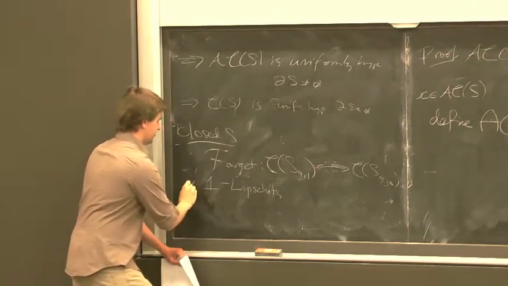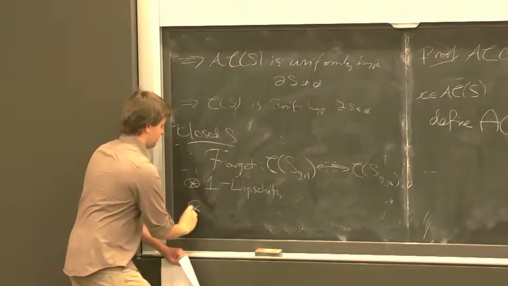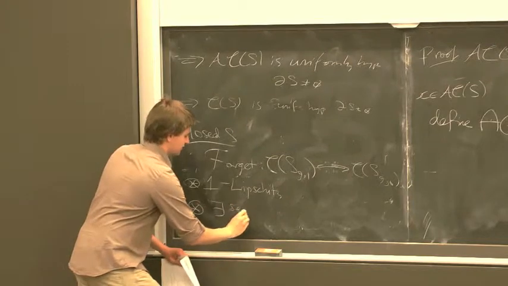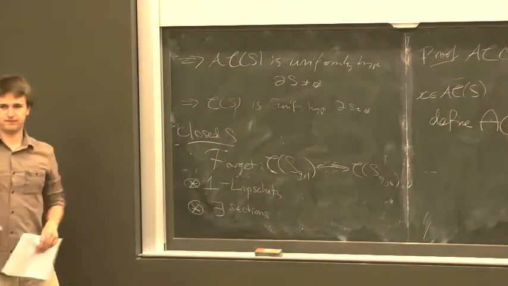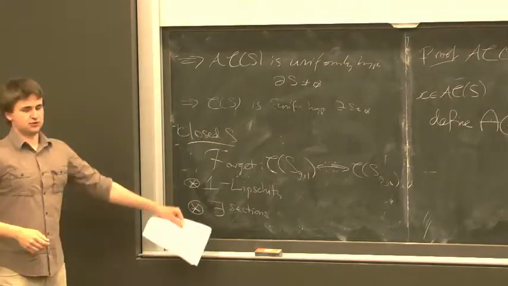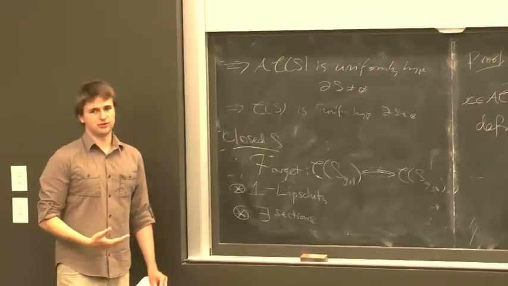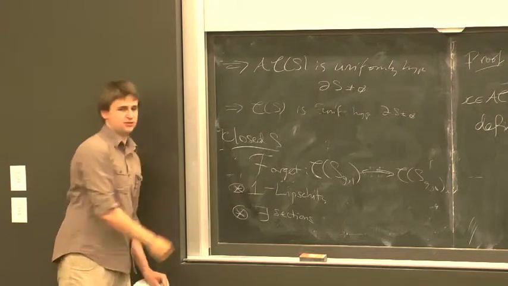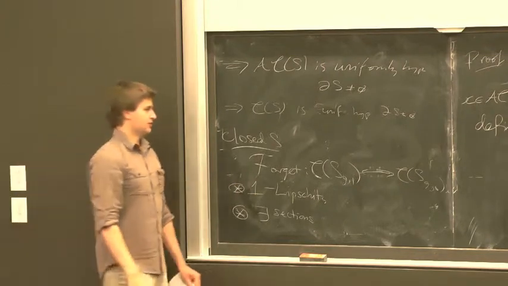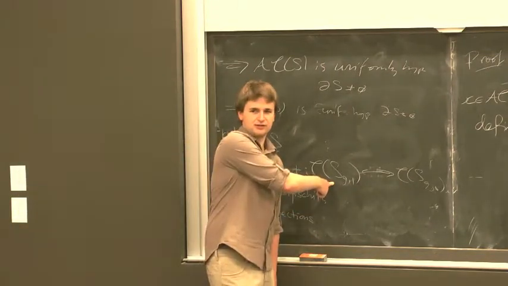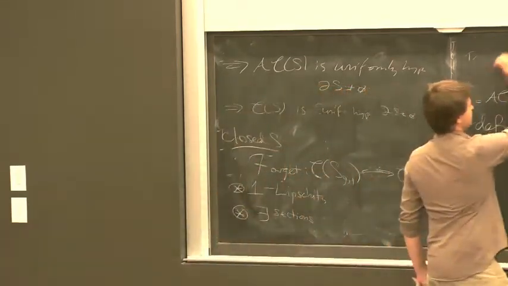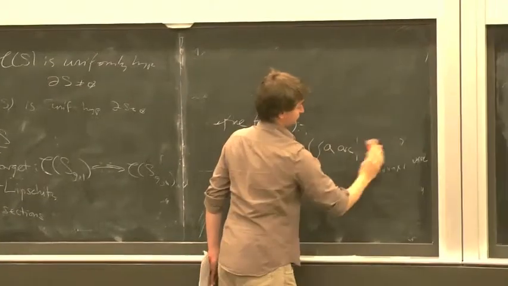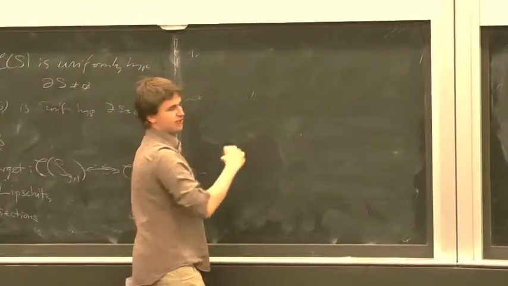The next important property is that there exist sections to this projection, and any such section will be an isometry, because it's a 1-Lipschitz map. So if this is delta hyperbolic, then that is delta hyperbolic, because you can lift any geodesic triangle, and then push it down.